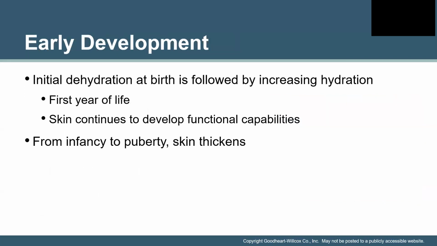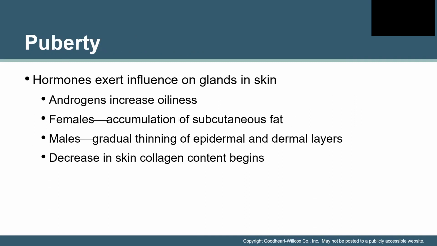The next developmental period lasts from infancy to puberty, and the skin of both males and females will thicken continuously during this stage. With the onset of puberty, hormones will exert a significant influence on the skin and the oils that are produced.